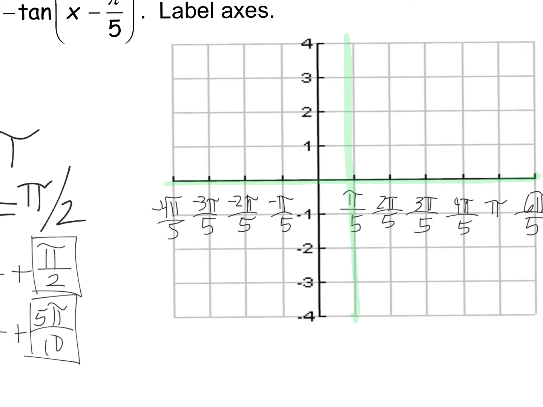So for tangent, we know that the first point, or the first part of the graph, is going to be a 0. And then we have our intermittent ones here, like I said. And so our next one is 2.5 of these. So 1, 2.5 right there is where our asymptote's going to go. So I'm going to put my asymptote here.